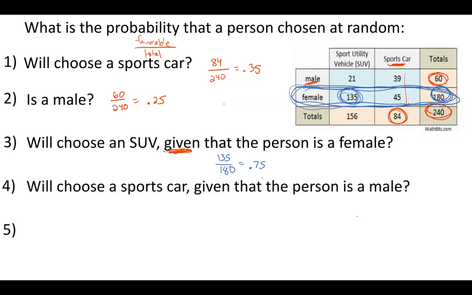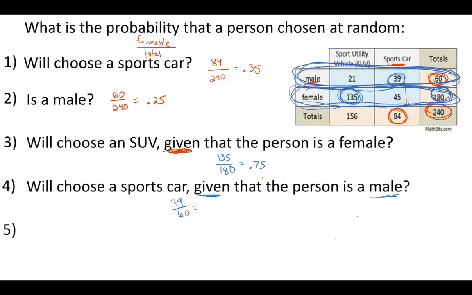The next one, how many will choose a sports car given that it's a male? So in this one, all we care about is the male row. So we only want to look at those numbers, ignore every other number for the rest of this one. So choosing a sports car would be 39 males would choose a sports car out of the total number of males, which is 60.